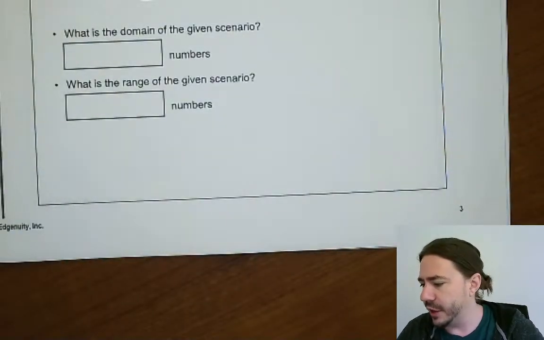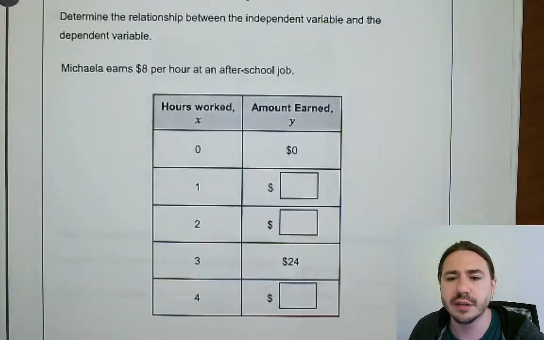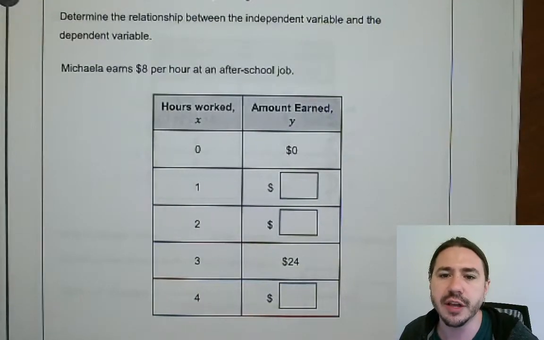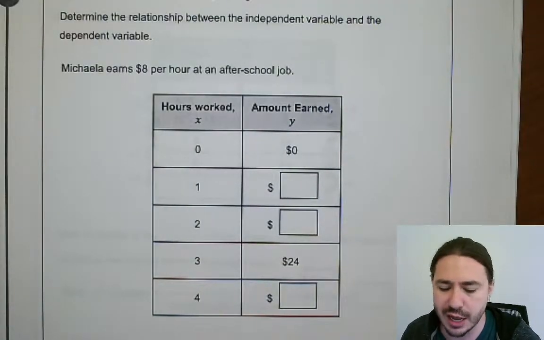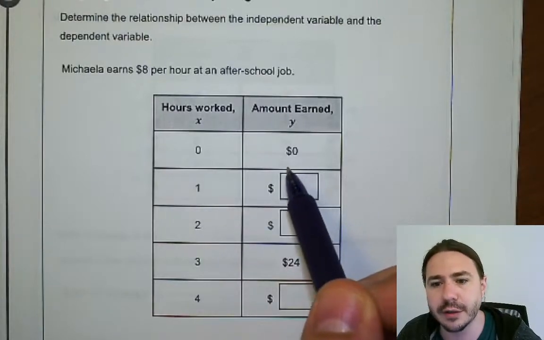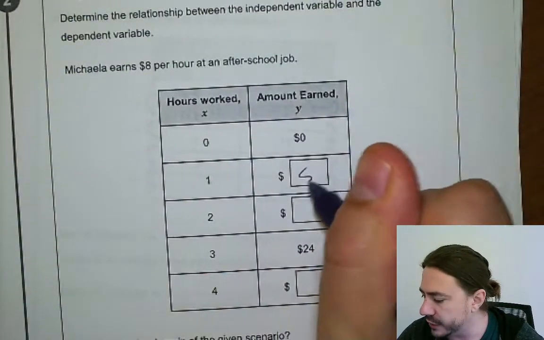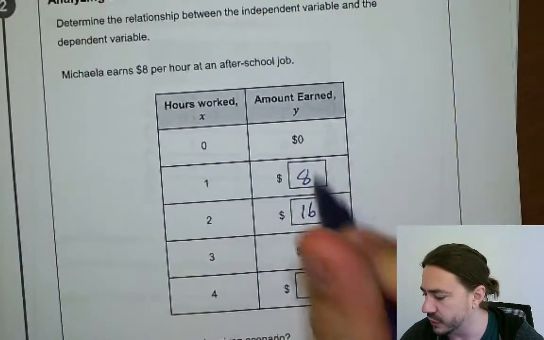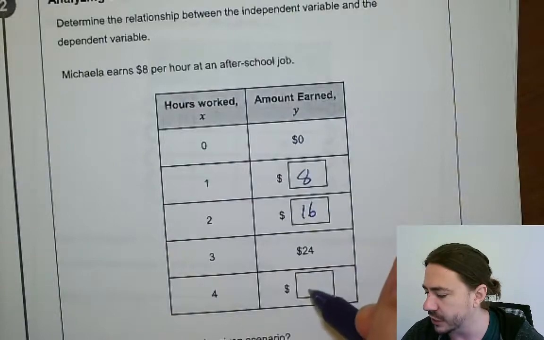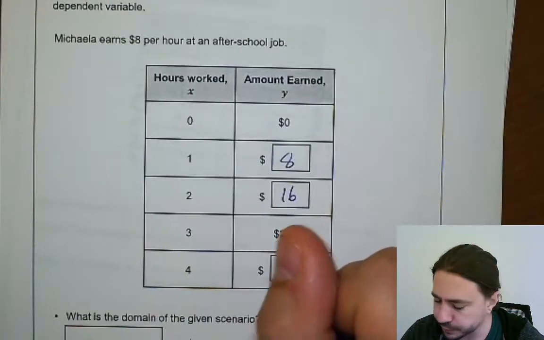So let's dive into this same scenario a little bit further. If she's earning $8 per hour at her after-school job, if she worked 0 hours, she's going to earn obviously $0. If she works for 1 hour, she'll earn 8. 2 hours, 16, and so on. Basically, we're just adding $8 every time we move down in this table.